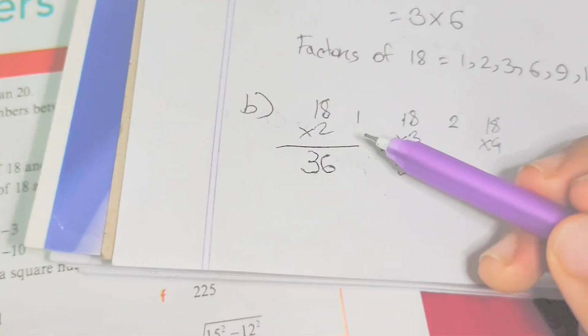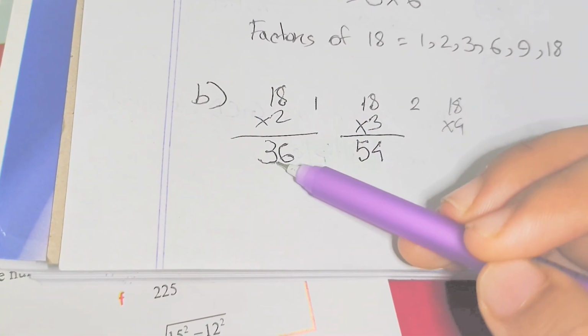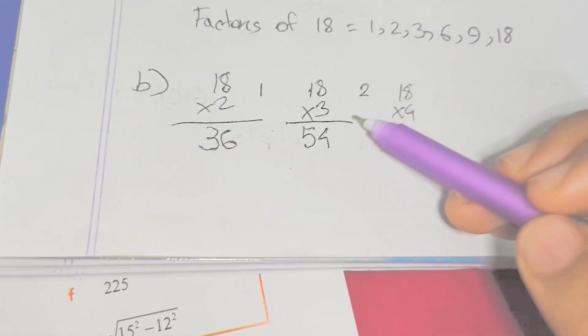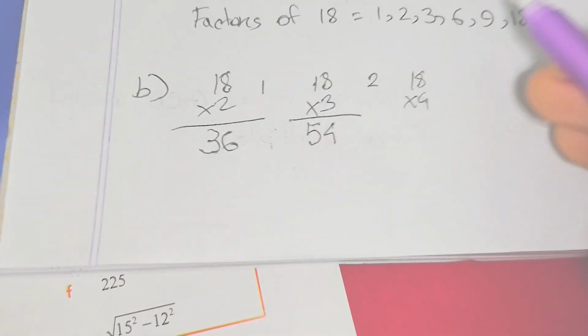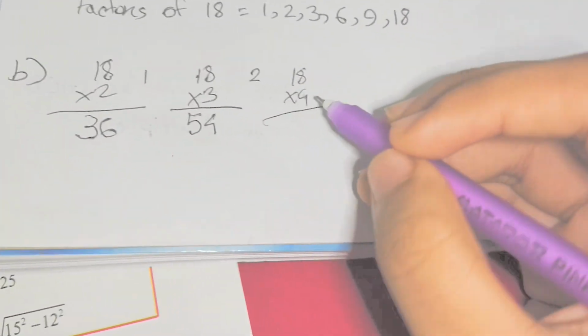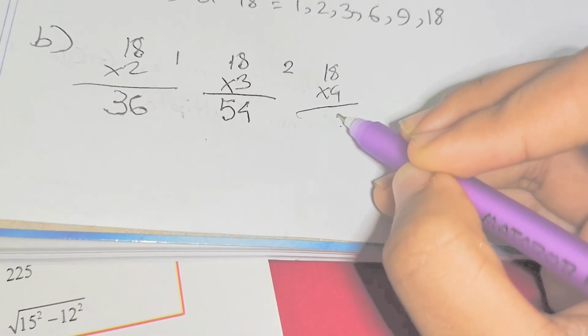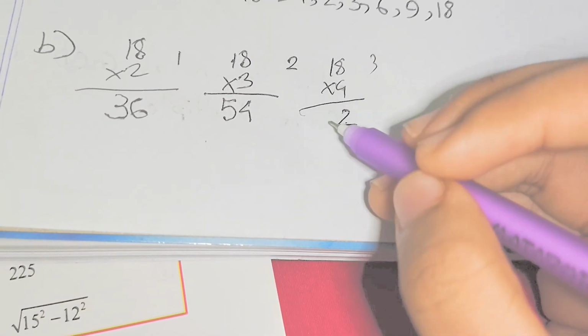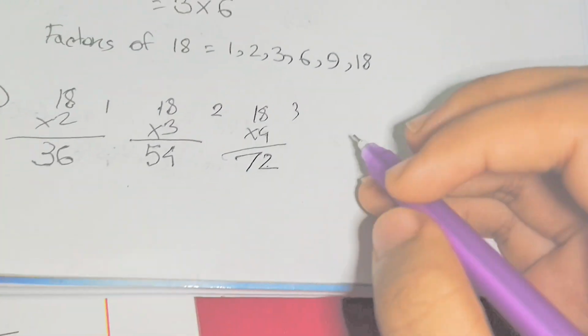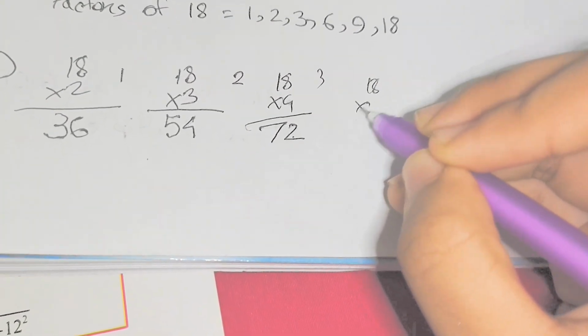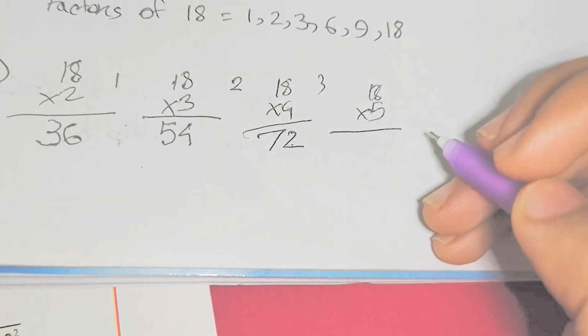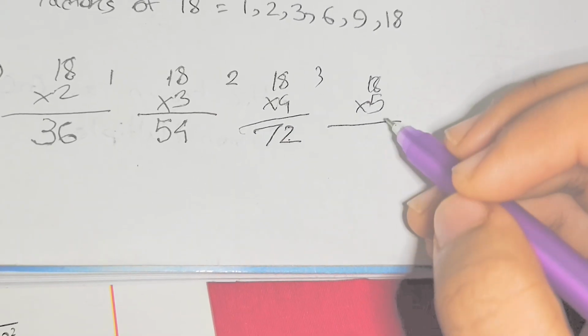Now we have to do the next part: find all the two-digit multiples of 18. We will start by multiplying. 18 times 2 is 36. 18 times 3 is 54. 18 times 4 is 72. 18 times 5 is 90.